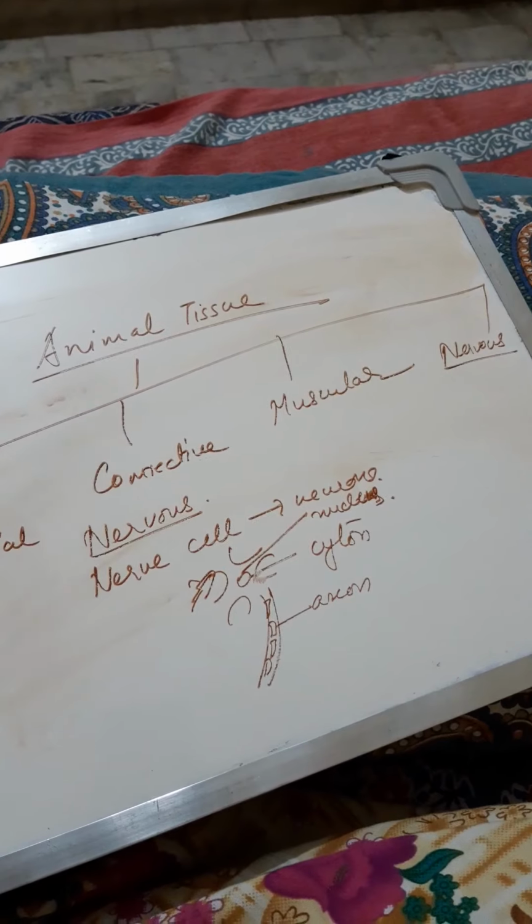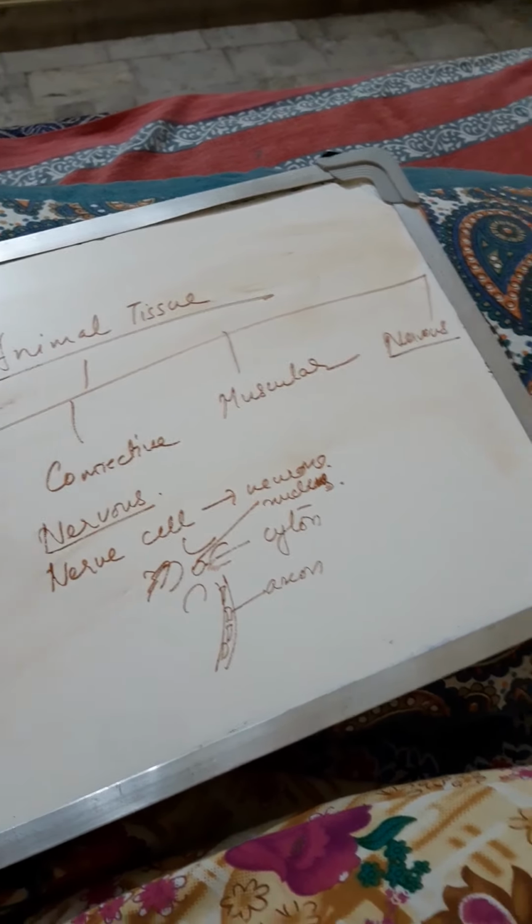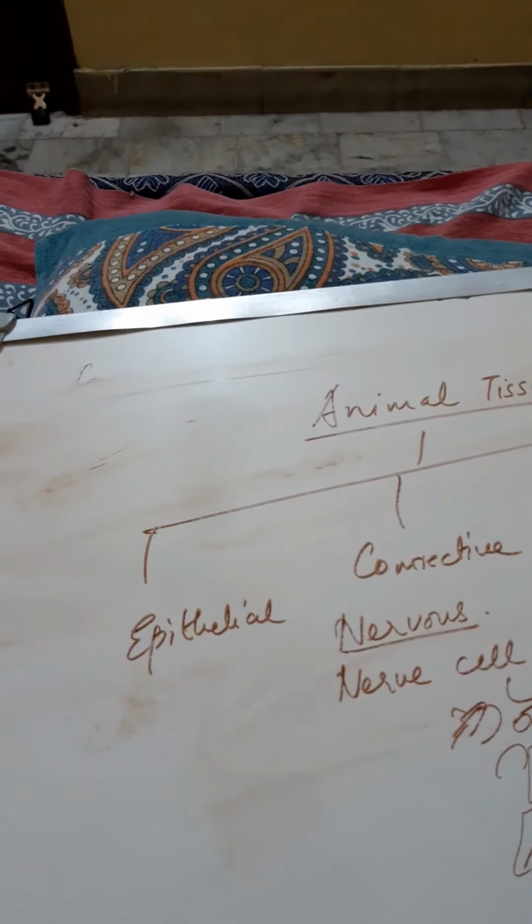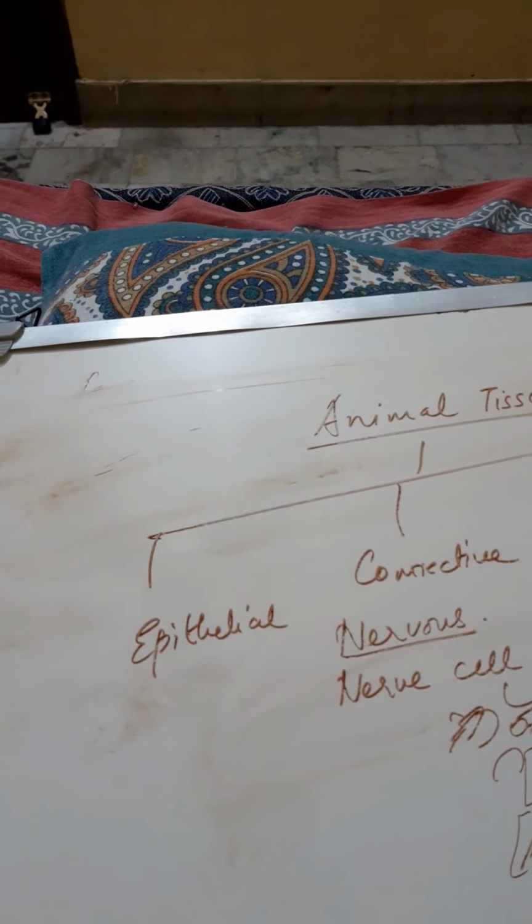Do you remember where it is found? It is found in the entire body. It is covered by the myelin sheath, and we have gaps between the myelin sheath, which are called nodes of Ranvier. The same things are there.